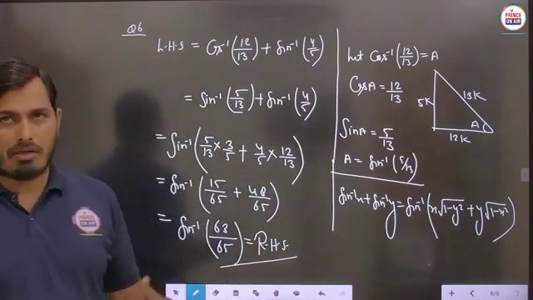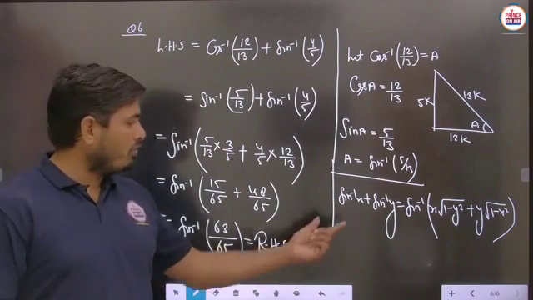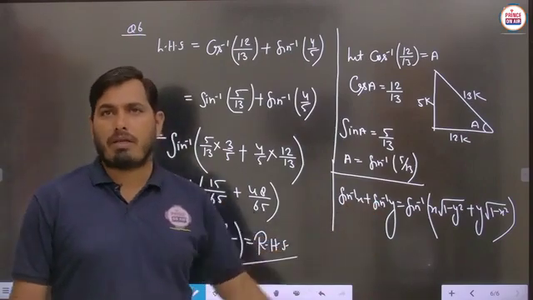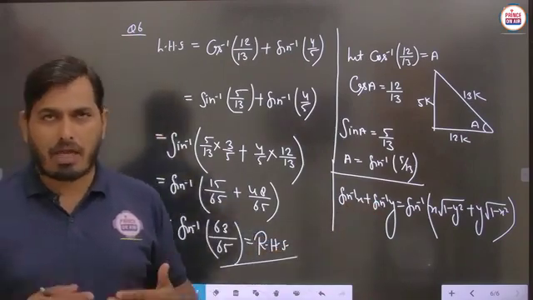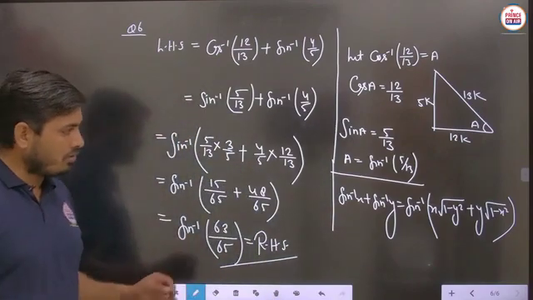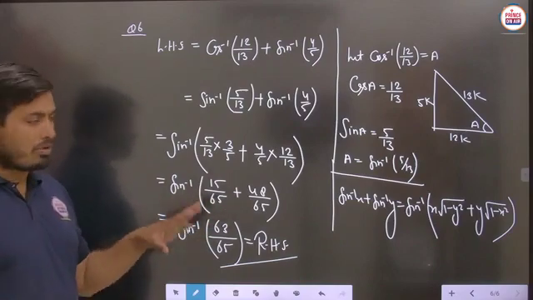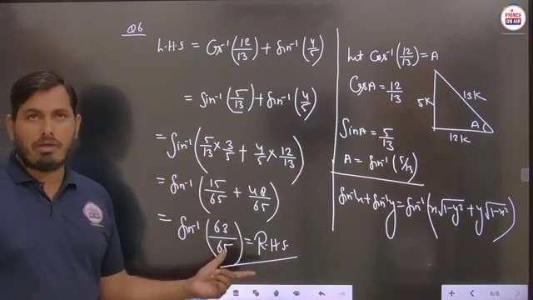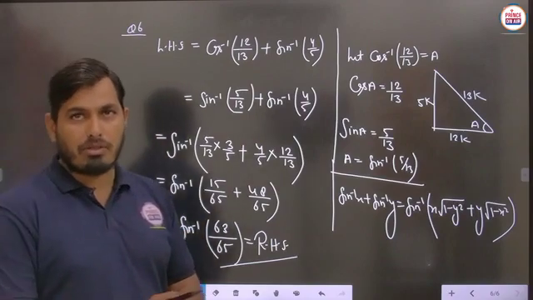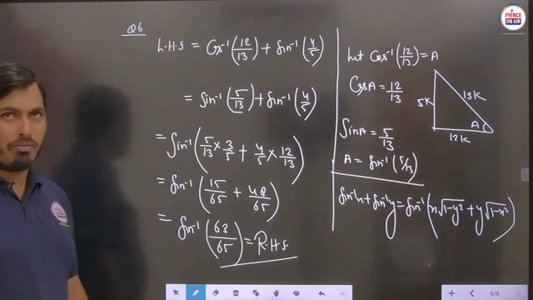Somewhere, instead of addition, subtraction is also to be used. So you can use here sin inverse x minus sin inverse y, as well as tan inverse x minus tan inverse y. So these types of properties you can just use in each and every formula whenever required. But the most important part is the calculation, where some students will make some mistakes. So you have to keep in mind these things, and according to that you can do the process.